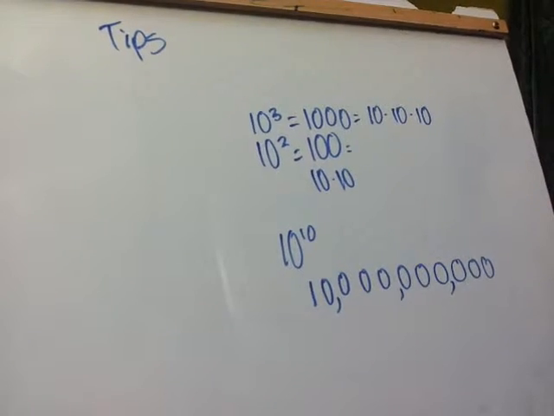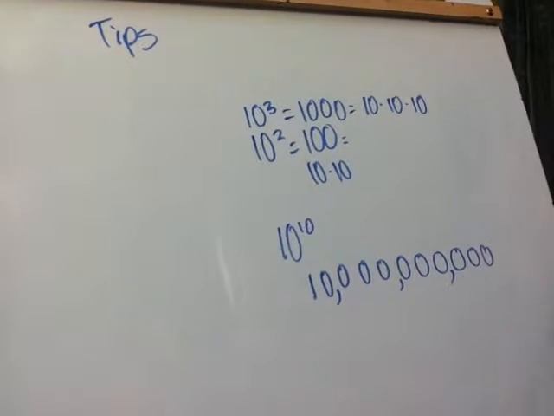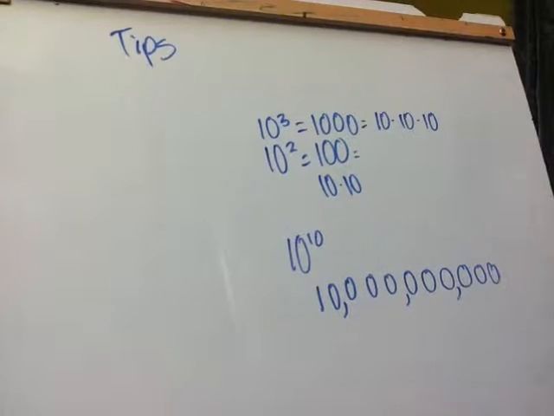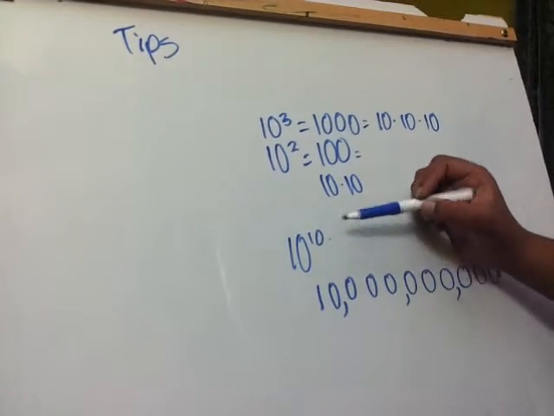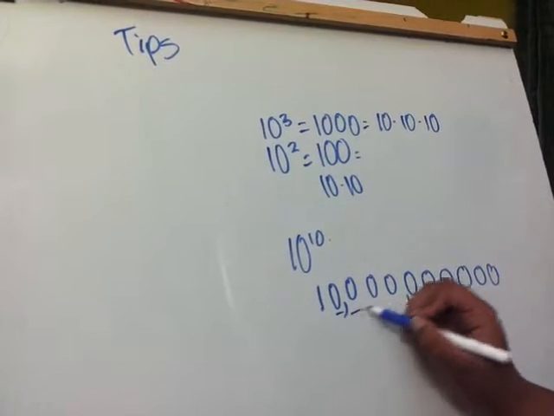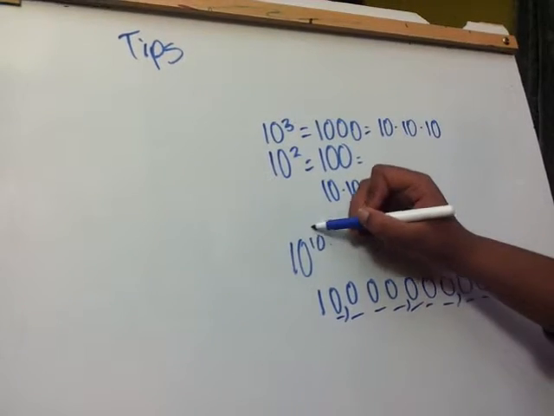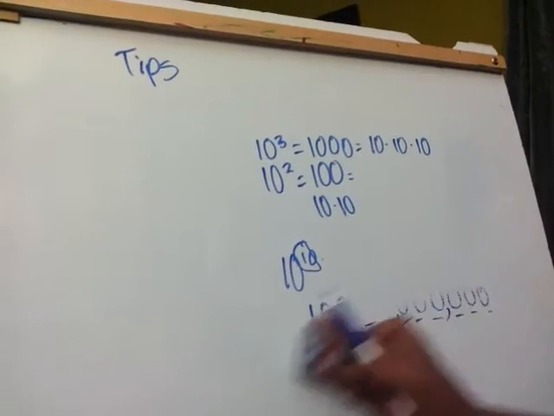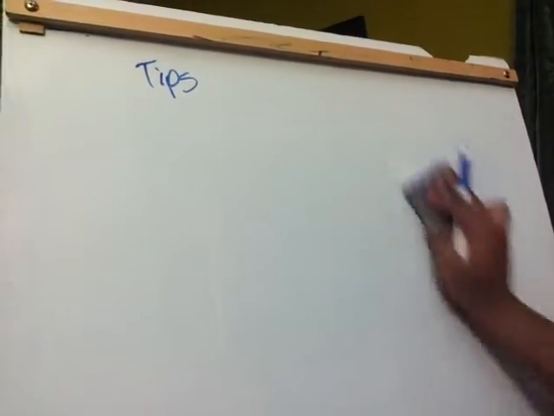Now another tip is, instead of doing the math in your head and having a hard time, like I just did, with a base of 10, the power is how many zeros there should be after the 1. So there's 1, 2, 3, 4, 5, 6, 7, 8, 9, 10 for the power of 10. And that's just a simple trick to help you with tens.